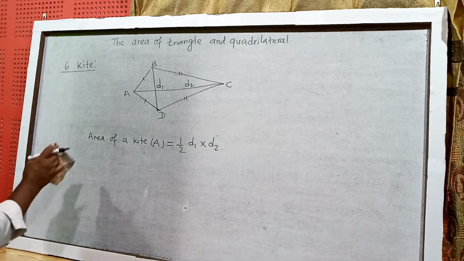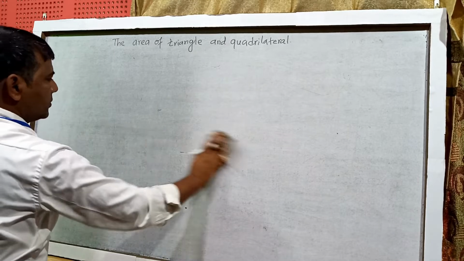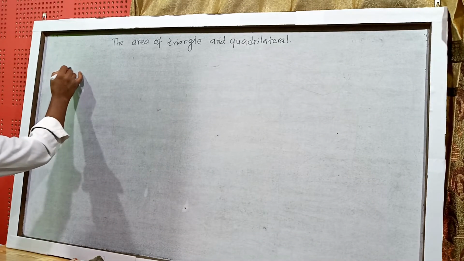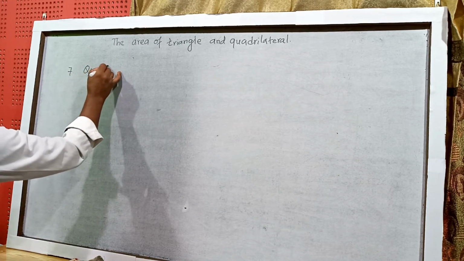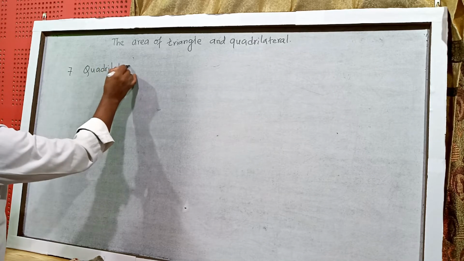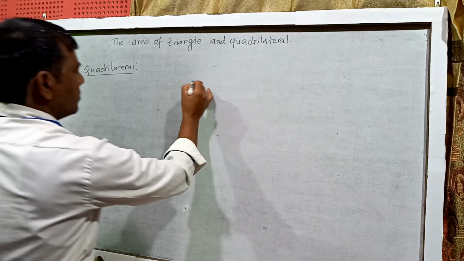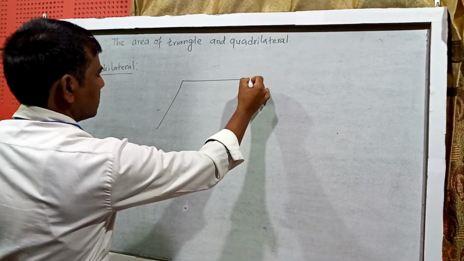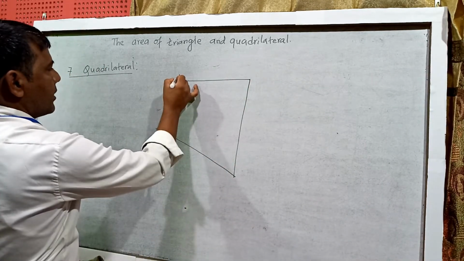Next is quadrilateral. Suppose it is a quadrilateral ABCD.